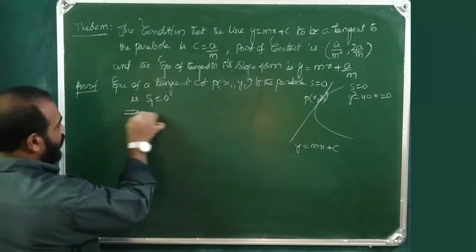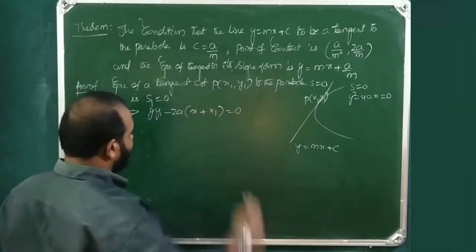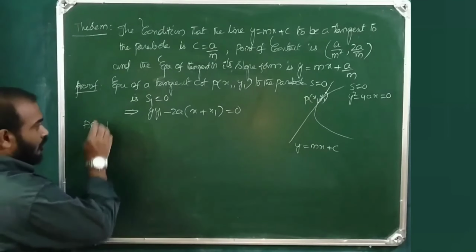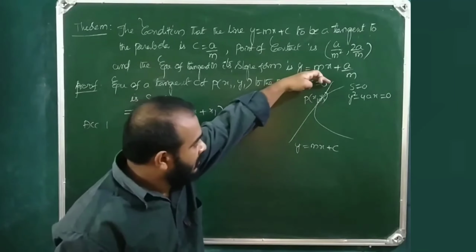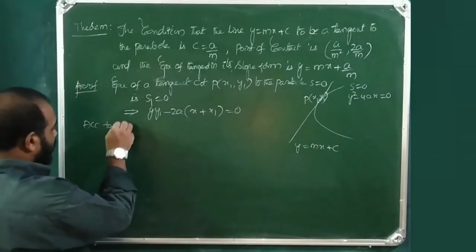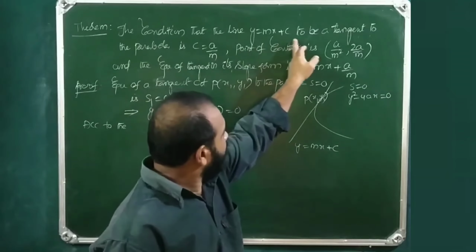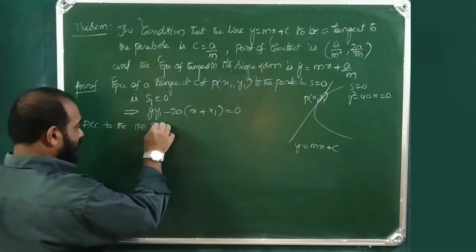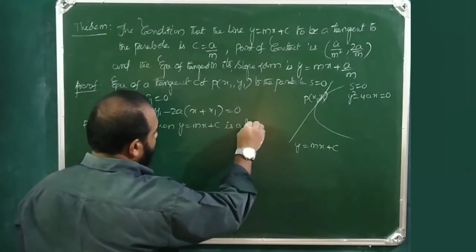So this is y y1 minus 2a(x plus x1) equals 0. According to the question, y equals mx plus c itself is a tangent.